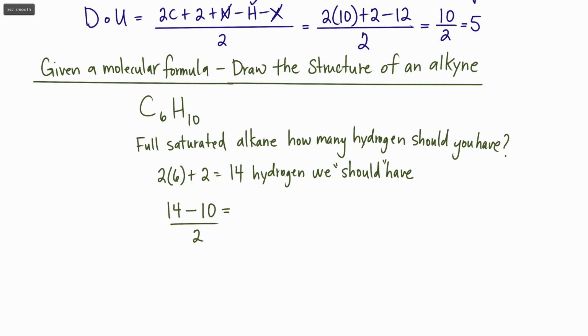So that's 4 divided by 2, which gives us 2. We should have 2 degrees of unsaturation.